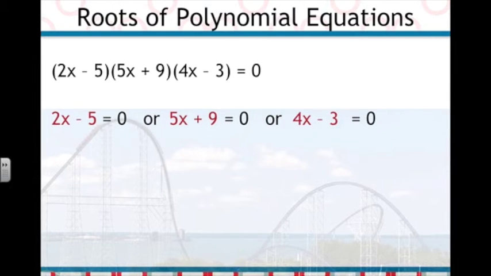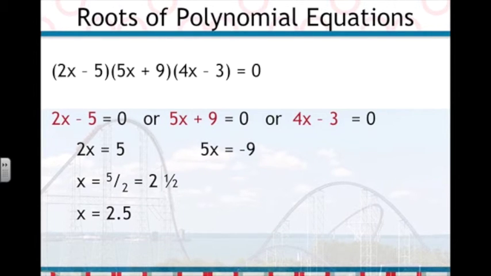First, add 5 to both sides of the first equation to get 2x equals 5. Then divide by 2 to get 5 over 2, which is 2.5 as a decimal. Next, subtract 9 from both sides of the second equation to get 5x equals negative 9. Then divide both sides by 5 to get negative 9/5, which equals negative 1 4/5, or negative 1.8.